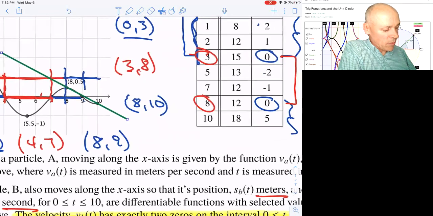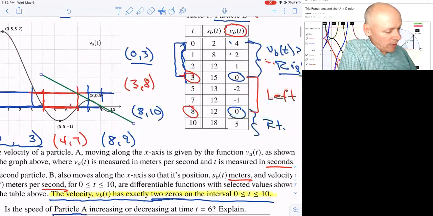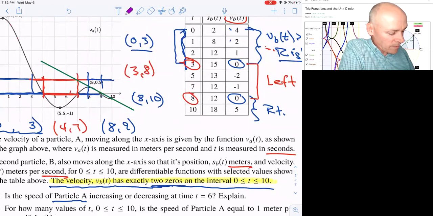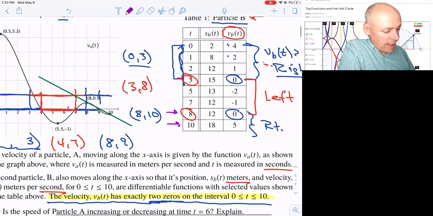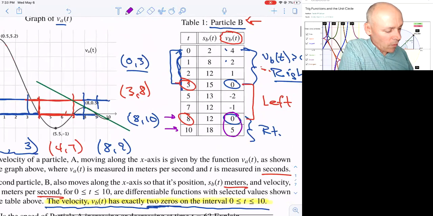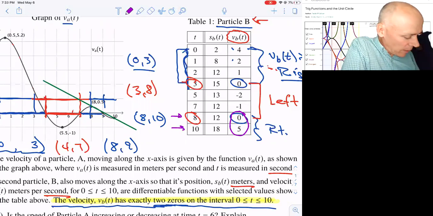For particle B, what I'm going to do is just plot those points on my graph. And again, I'm looking for basically 8 to 10, and I'm looking at velocity. So when I'm at time 8, the velocity of particle B is 0. So that would have a point here.